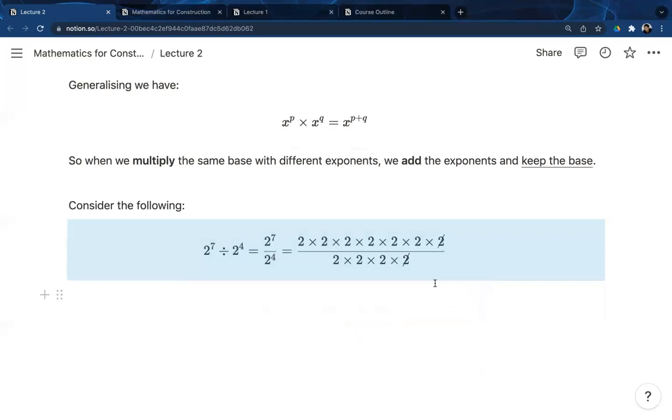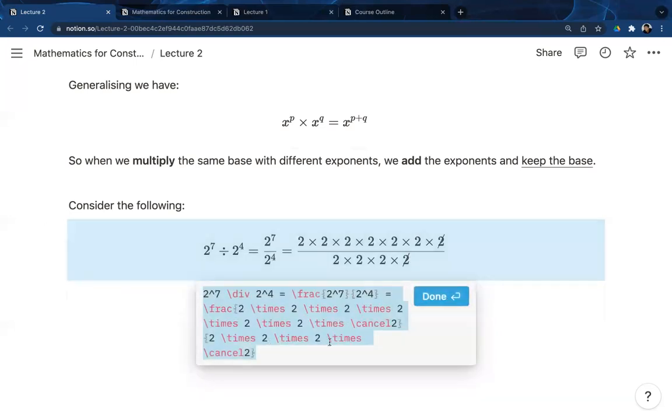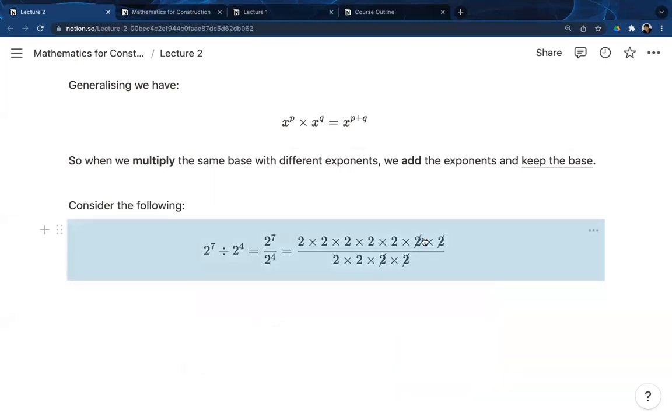For example, this 2 down here could cancel with a 2 up here. These 2's cancel, okay? And we could keep canceling, right? We'll cancel another one like this here. And I have 2 more down here that could cancel with 2 more up here. I have more 2's in the numerator than the denominator.